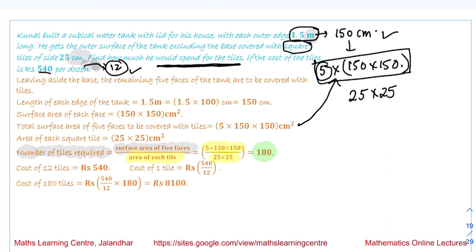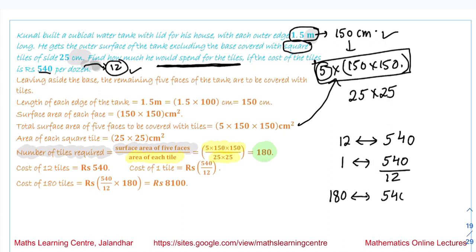Now it is given that the cost of 12 tiles is rupees 540. The cost of one tile is 540 by 12, and the cost of 180 tiles is 540 by 12 into 180.